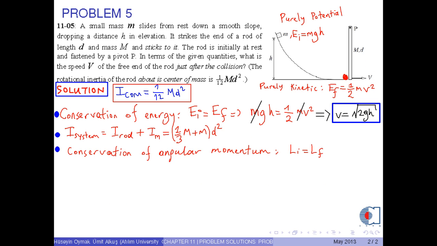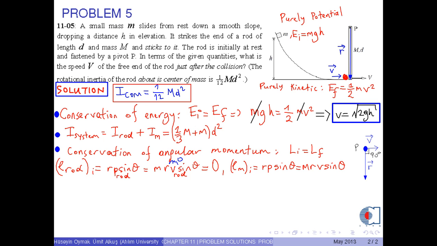Angular momentum of the rod before the collision is L rod i equals R times P times sine theta. That is, M times R times V times sine theta. And because the rod is initially at rest, that is, V rod equals 0, then L rod i equals 0. And the initial angular momentum of small m equals R times P times sine theta, or m times R times v times sine theta.